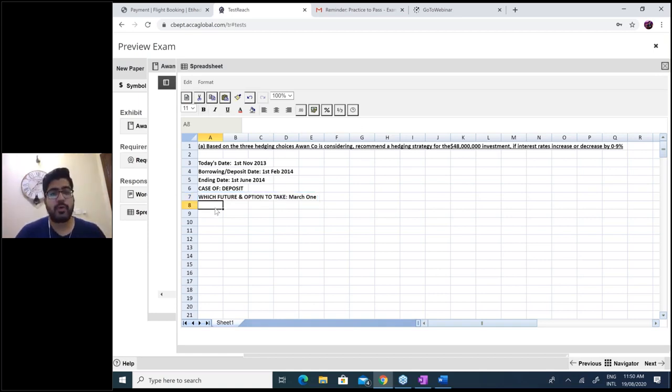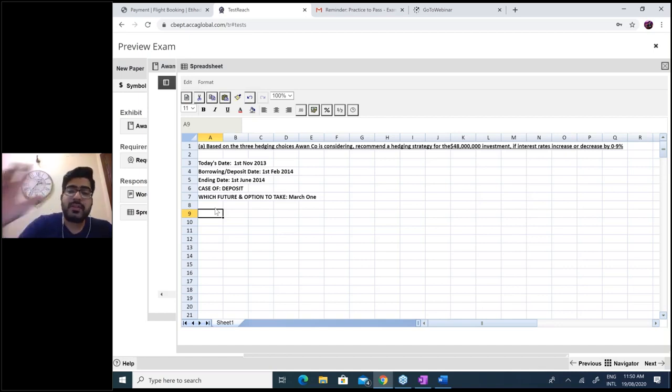Let's suppose you have to borrow or deposit on 1st August. There is no future or option available for August, only December, March, June, September, every quarter. So you have to take September.